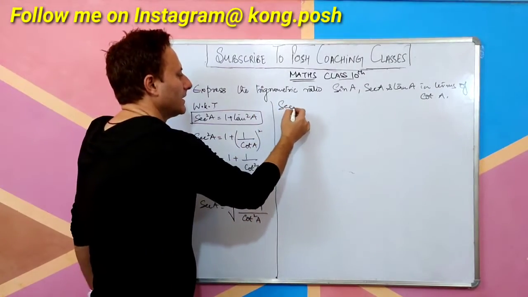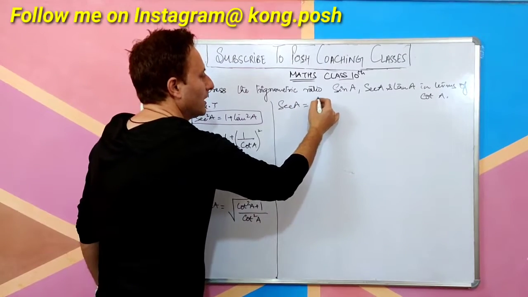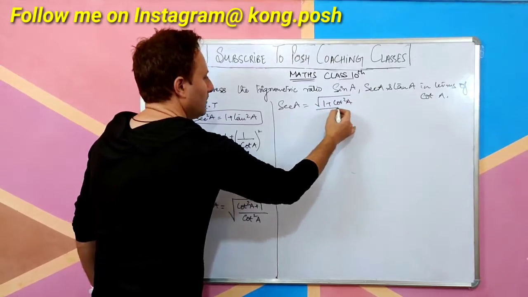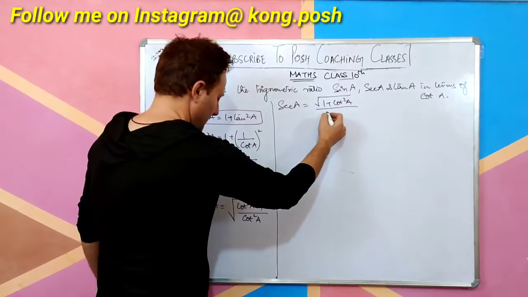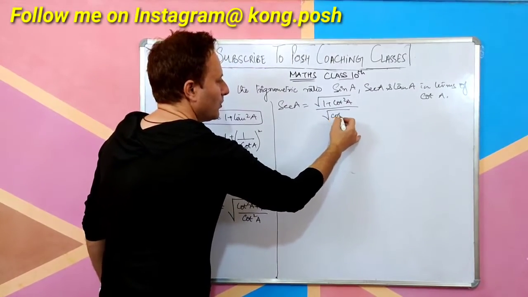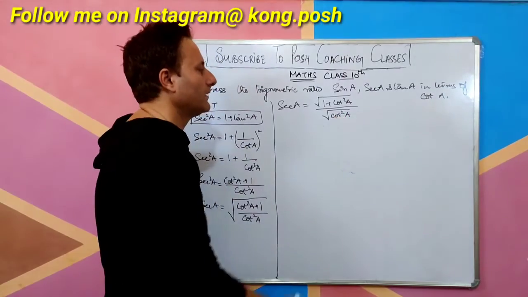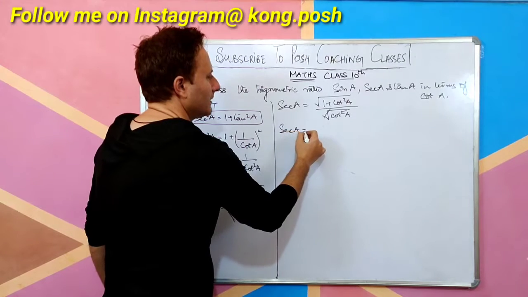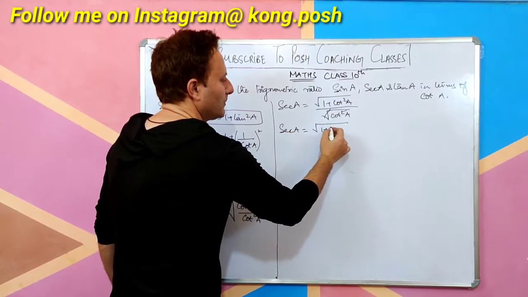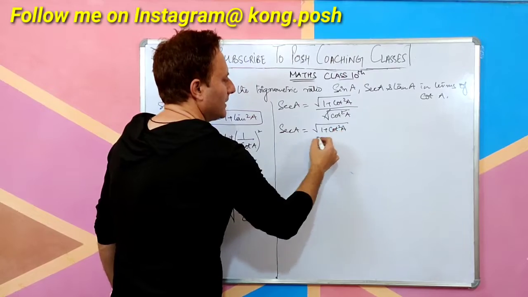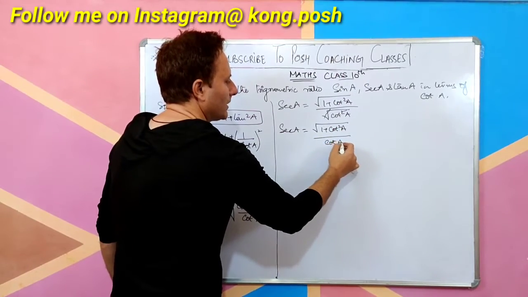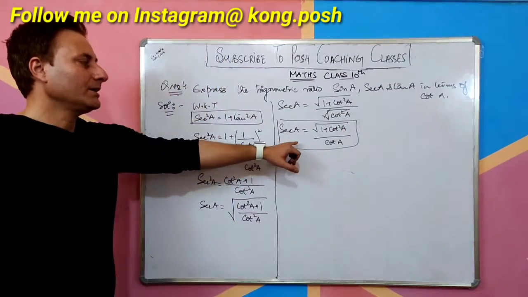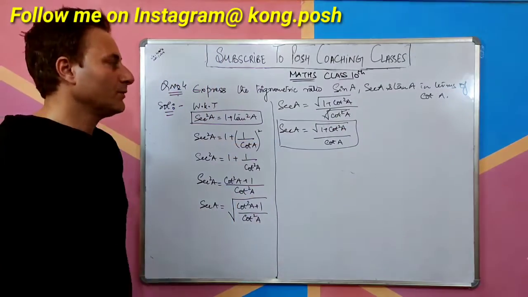Sec A is equal to under root of (1 plus cot square A) upon under root cot square A, which is cot A. So sec A is equal to under root of (1 plus cot square A) upon cot A. This is sec A in terms of cot A.